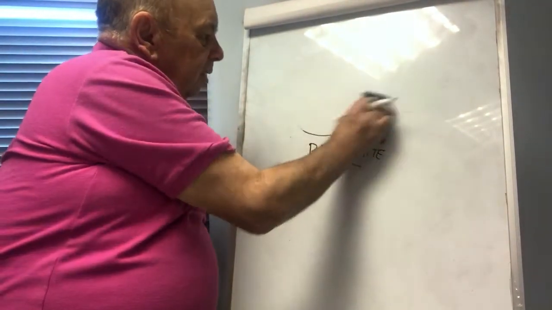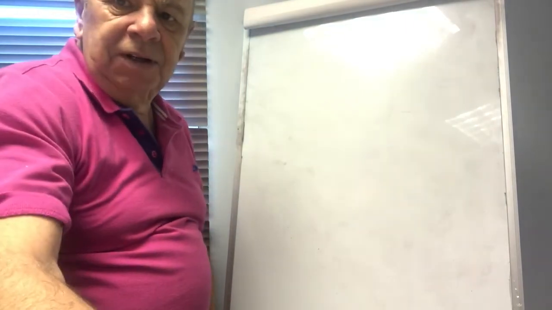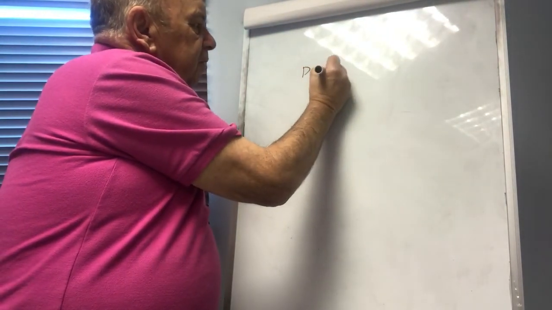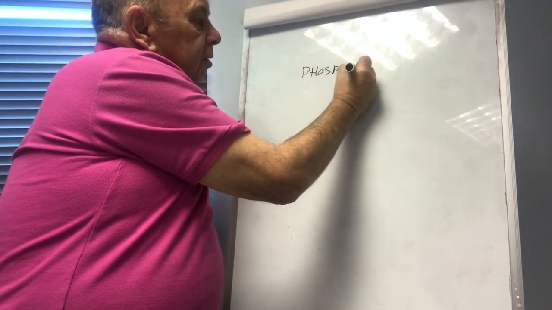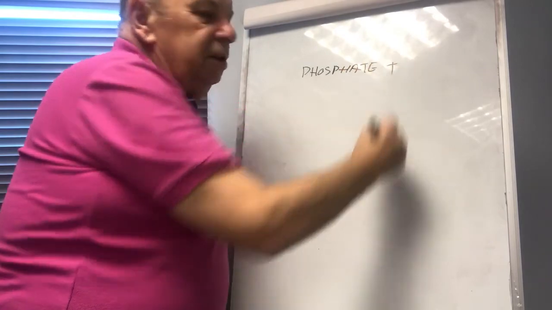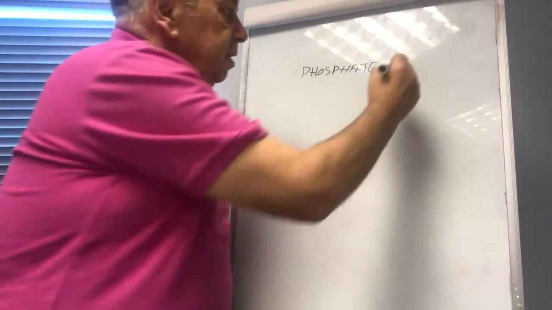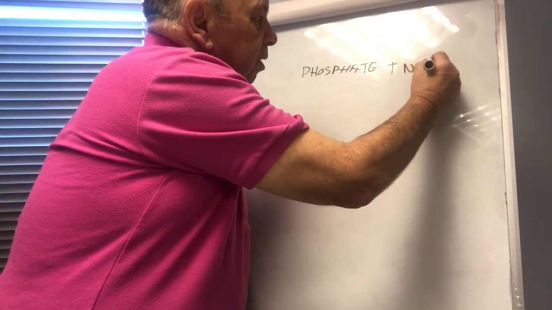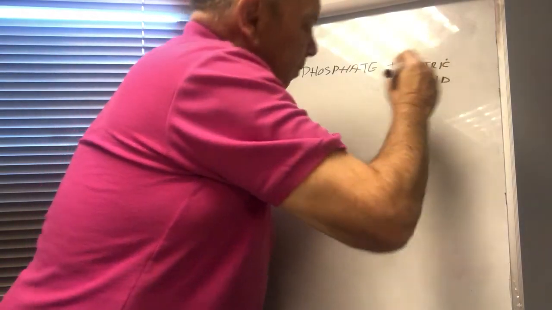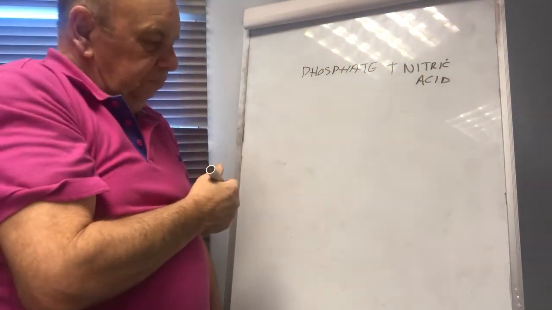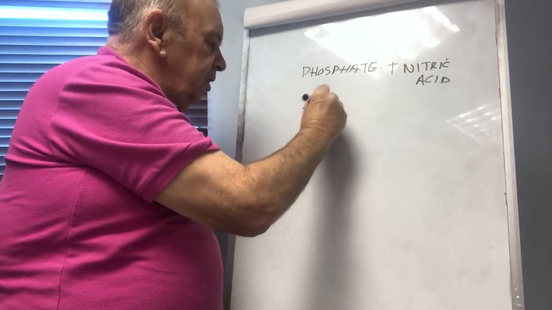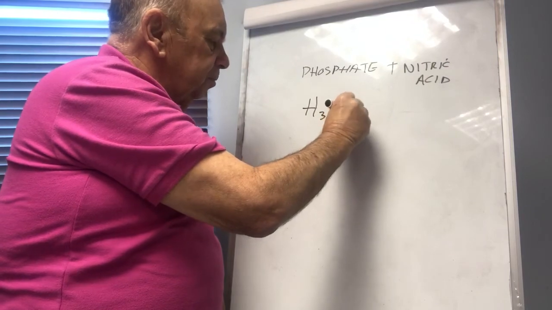I'm not going into great detail, but the phosphate rock, which naturally occurs in the ground, is treated with nitric acid, and from that we get phosphoric acid, H3PO4.